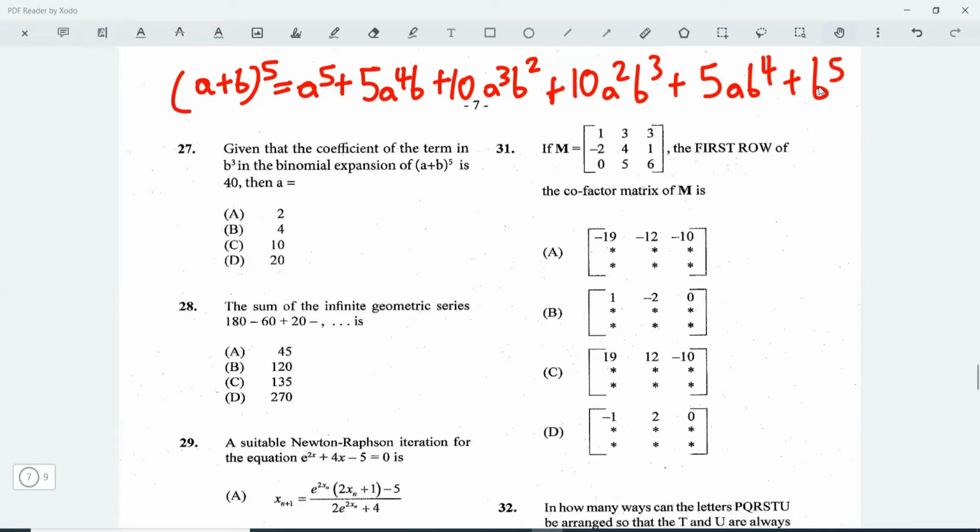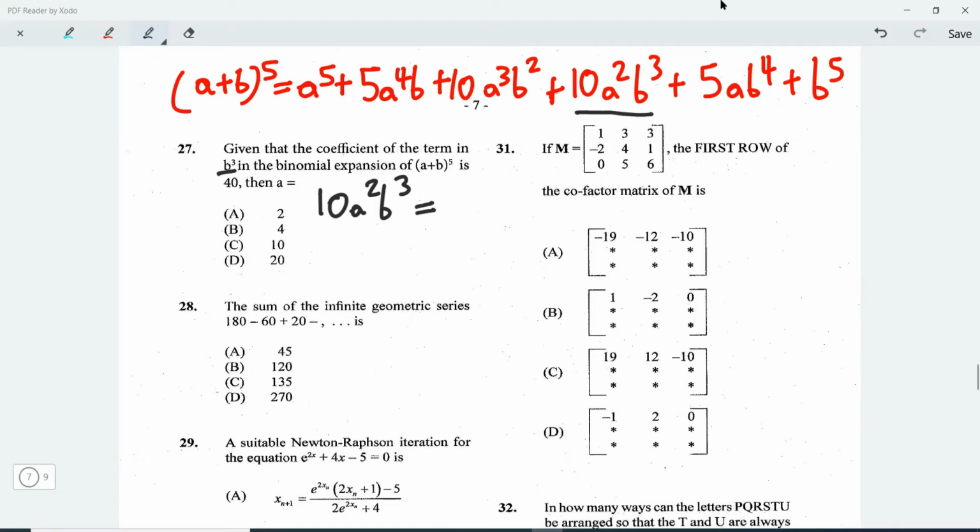Why did I do it this way? I just wanted to use Pascal triangle. The 1, 5, 10, 10, 5, 1. So after we did that, now they tell us that the coefficient of the b cubed, so this one of the b cubed, they tell us that that is 40. So that means they're telling us 10 a squared b cubed.